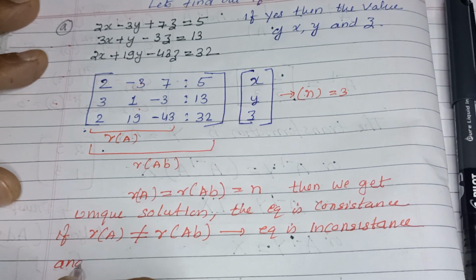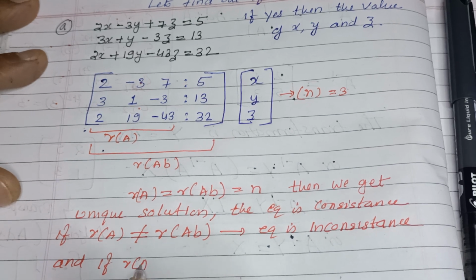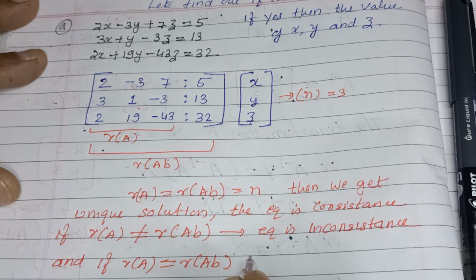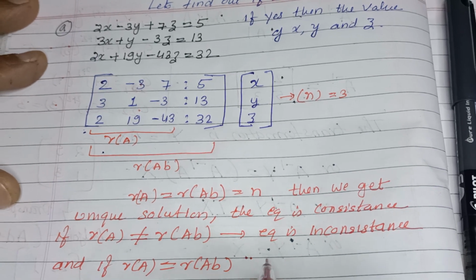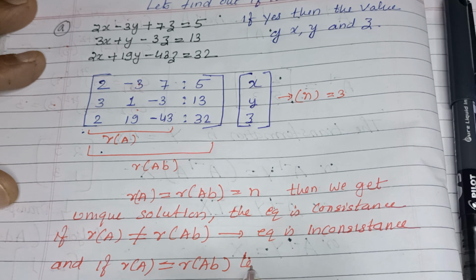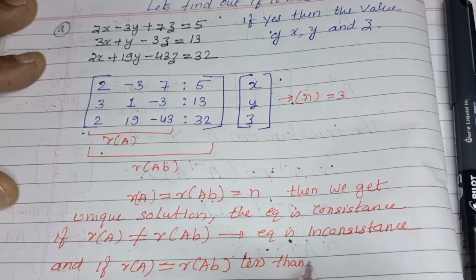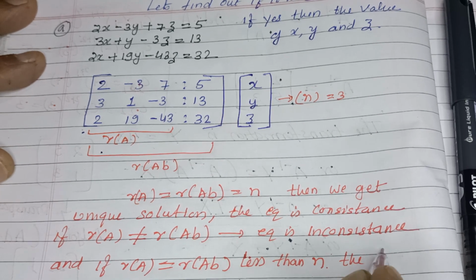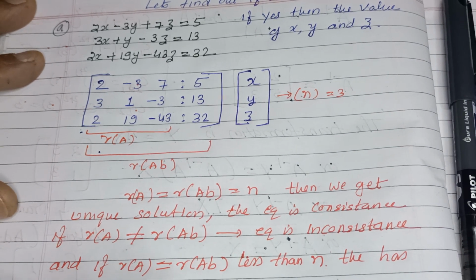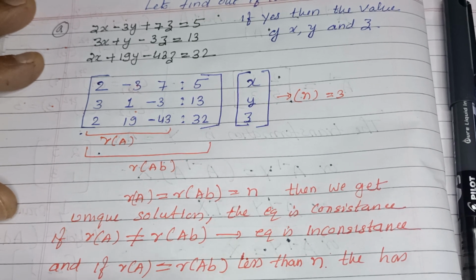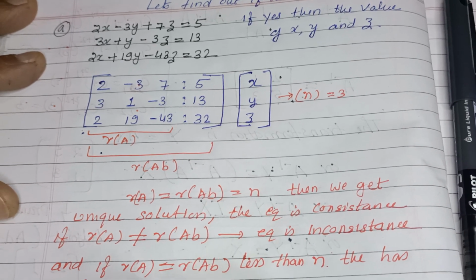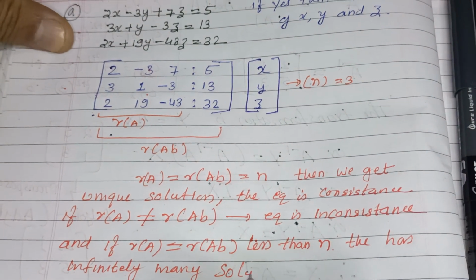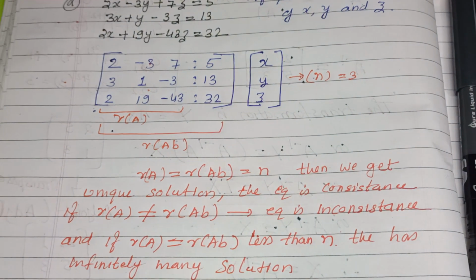And if rank A is equal to rank AB and is less than n, then it has infinitely many solutions. So that's what it is.